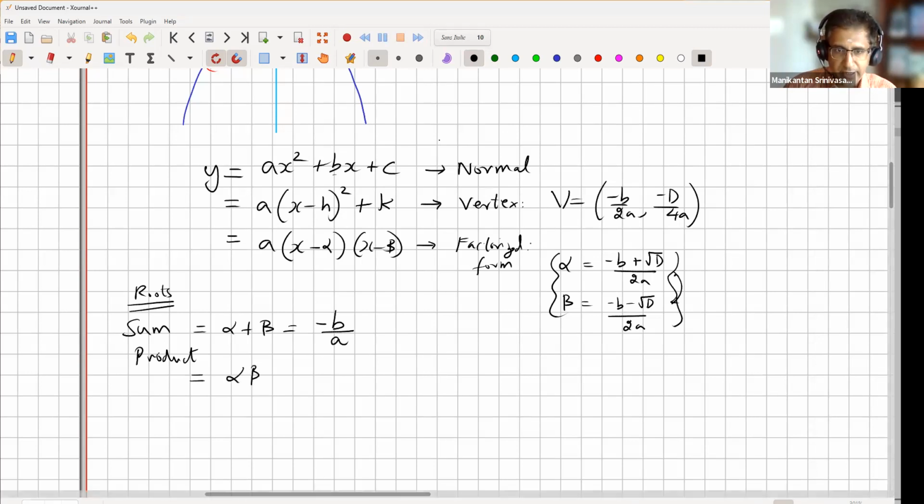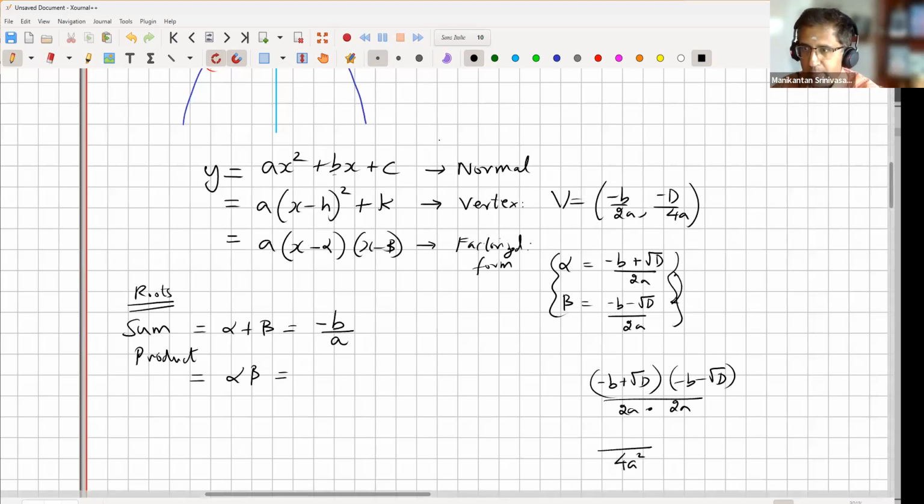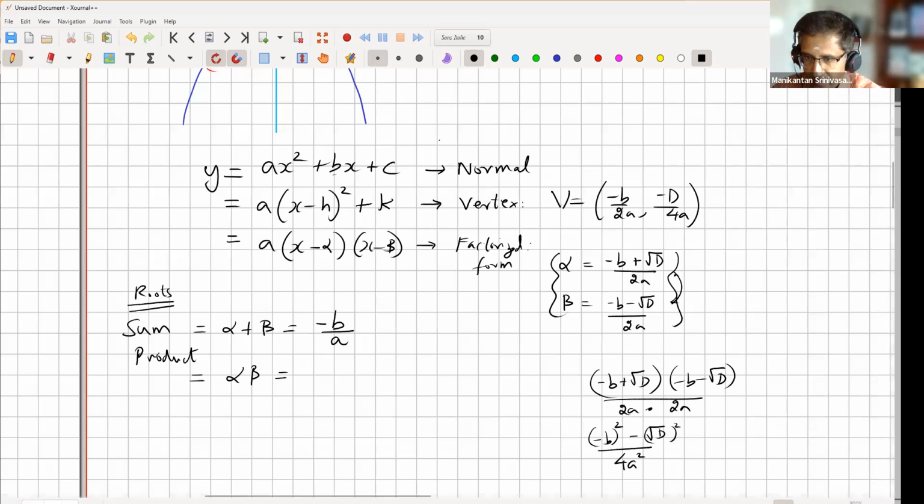And what is alpha times beta? If I literally multiply it out, so (minus b plus root d) and (minus b minus root d), divided by 2a and then by 2a. When I multiply, in the bottom I get 4a square. In the top, it looks like (p plus q) times (p minus q), so it's p square minus q square, right?